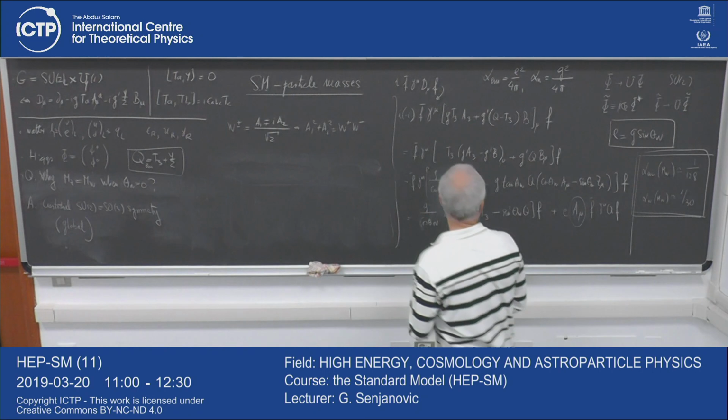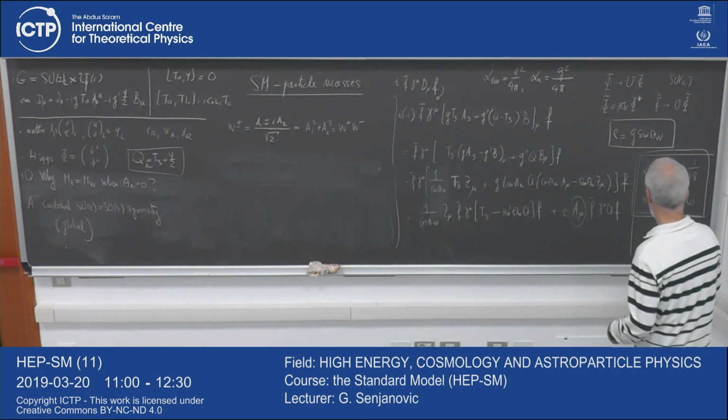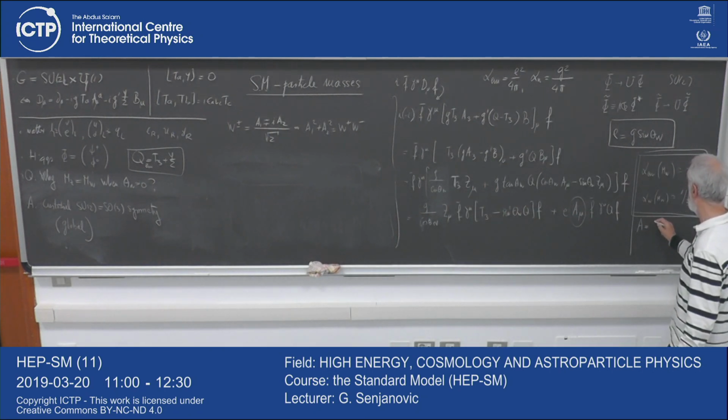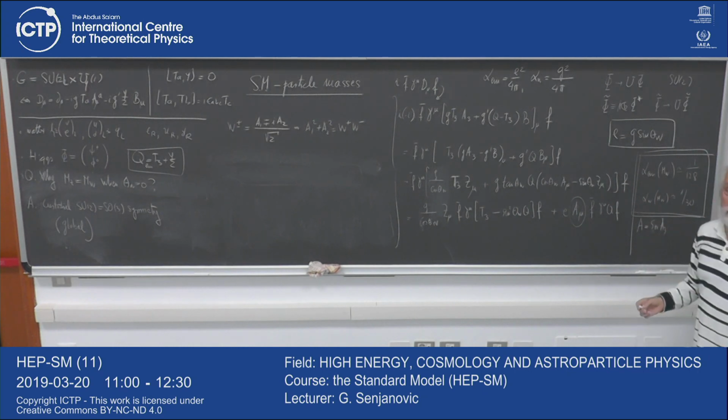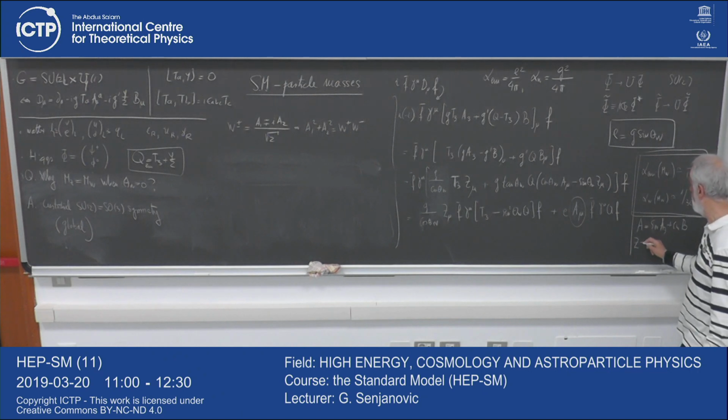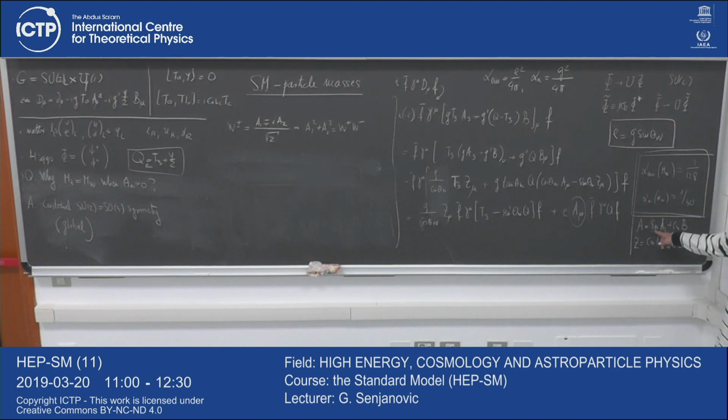It would be good to keep this somewhere. That A is sW A3, where sW is sin theta W, obviously my notation, right? Plus cW B, and Z is cW A3 minus sW B. Just to remember, once again, when theta W goes to 0, Z is A3.